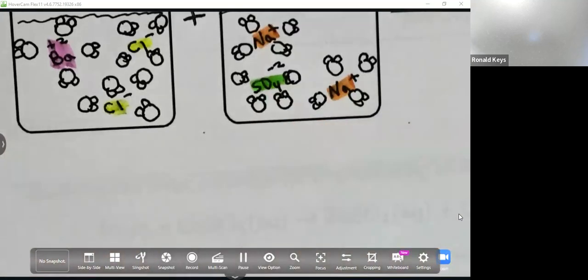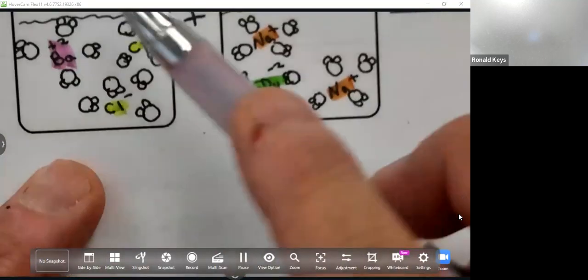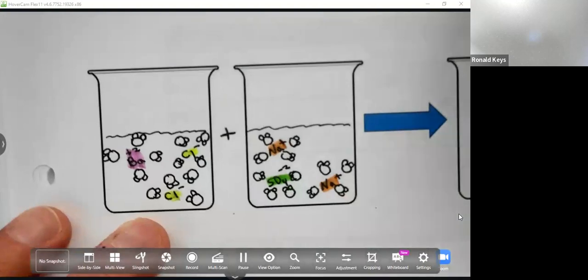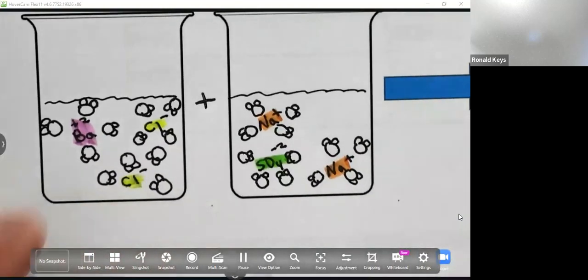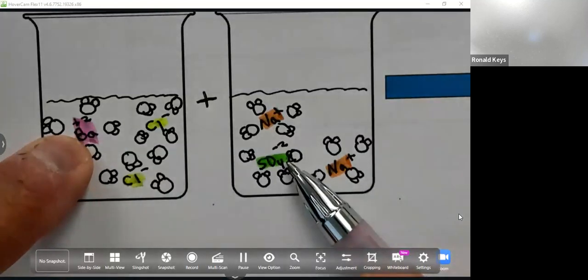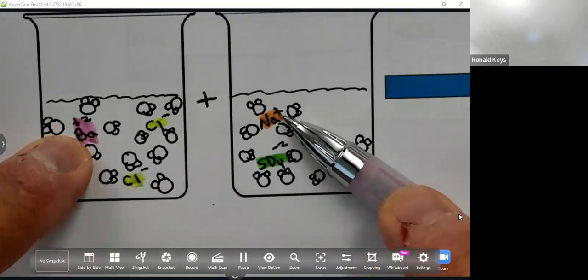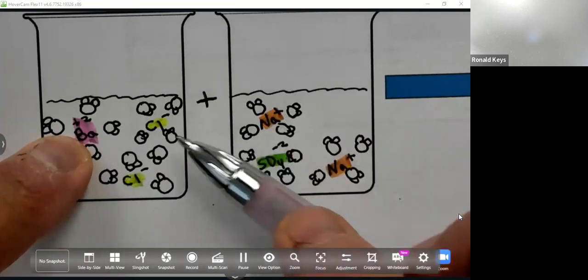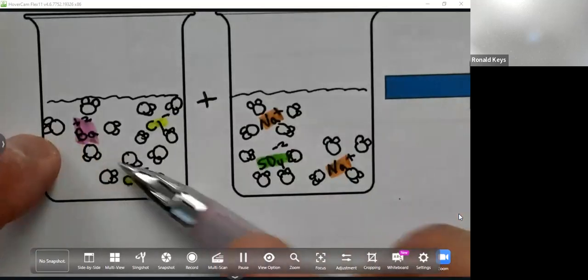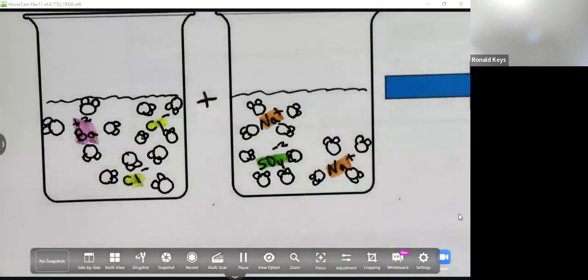Now, you would probably agree that if I dump this beaker into this beaker, there's a new interaction that can take place. This positive barium might be able to hook up with this negative sulfate. And likewise, this positive sodium may be able to hook up with this negative chloride. So that is a new interaction that we need to explore.